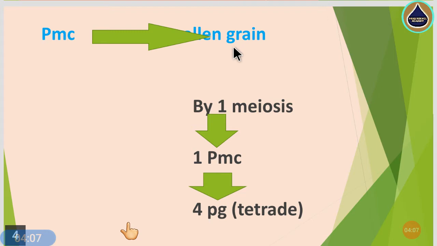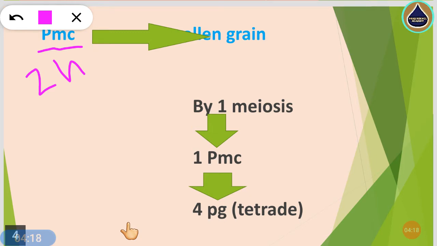The pollen mother cell, which is 2n and has the double number of chromosomes, goes for the meiotic type of cell division, and by meiosis this pollen mother cell converts into pollen grains.